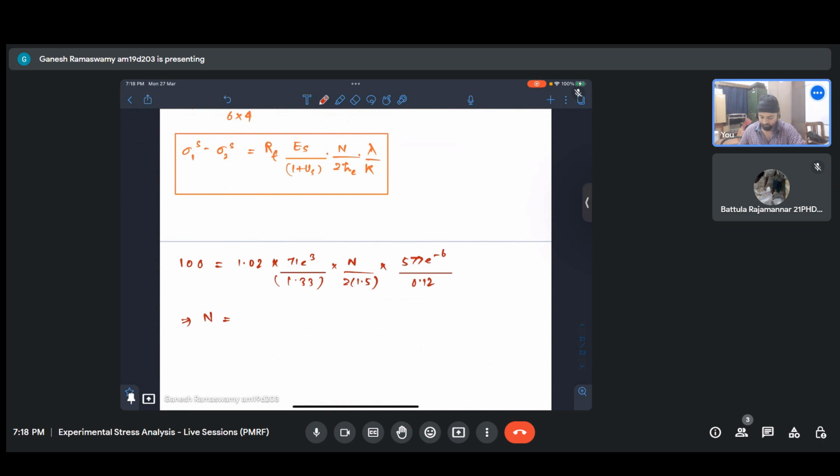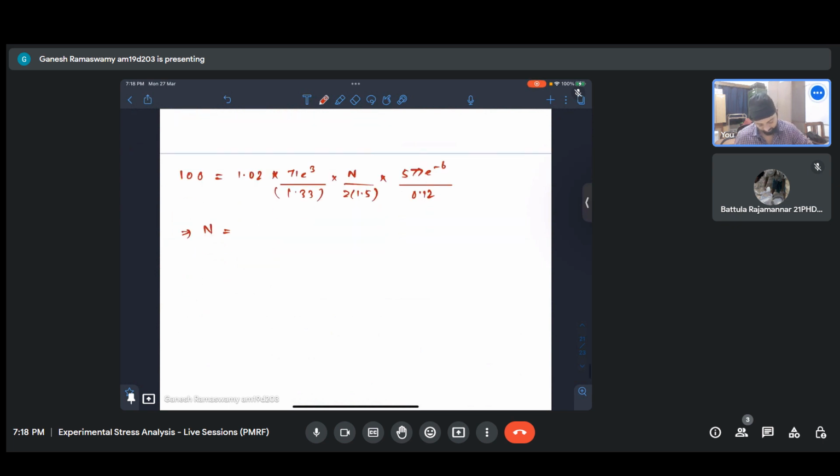So I get 1.15. This is my fringe order that I'll observe.